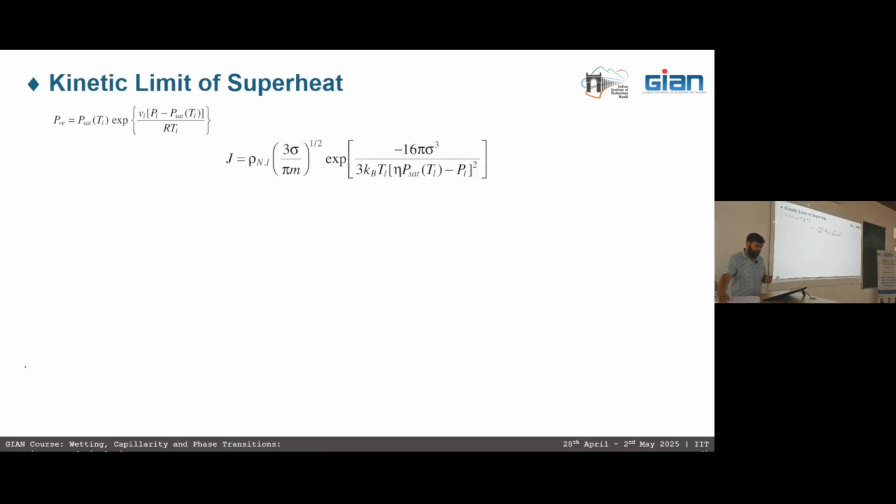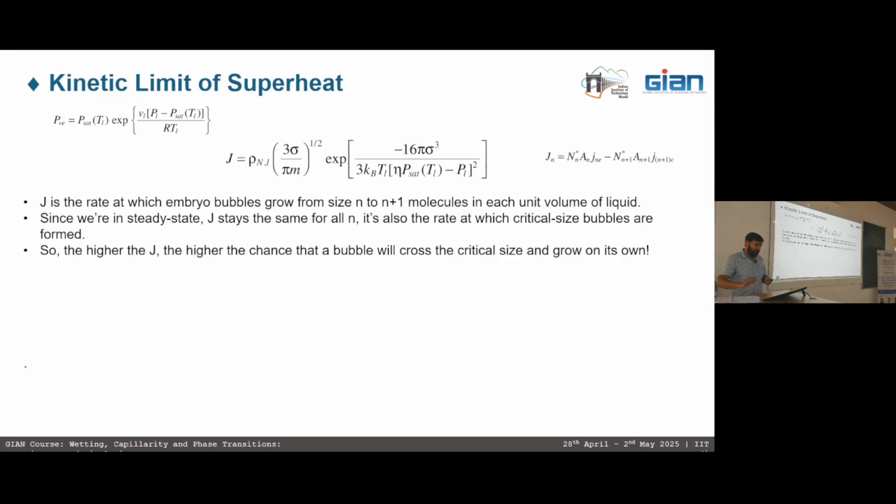J is defined as the rate at which an embryo bubble grows from size n to n plus 1 molecule in a unit volume of liquid. So J is defined as the excess number of molecules which grow from size n to n plus 1. And you can see there is no n in the expression for J, so it is constant across all sizes of embryos.